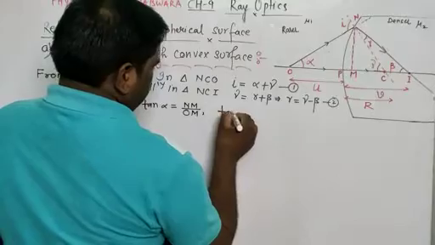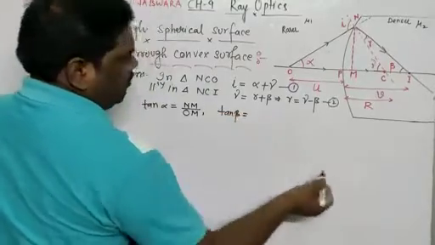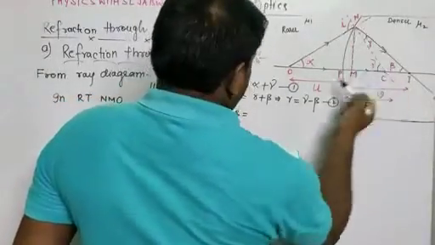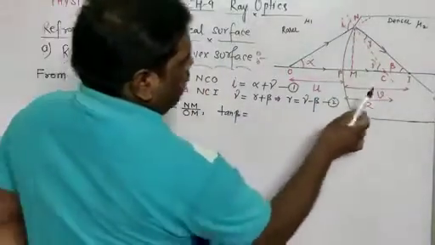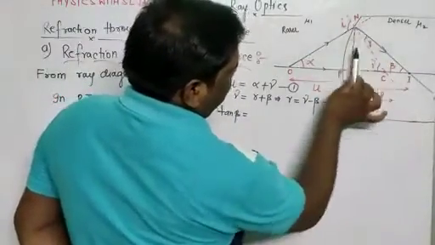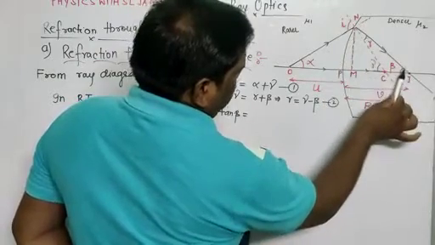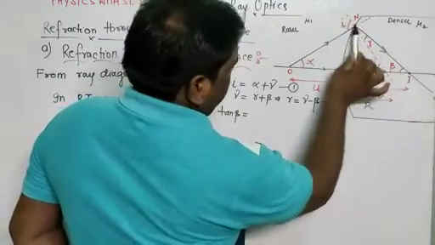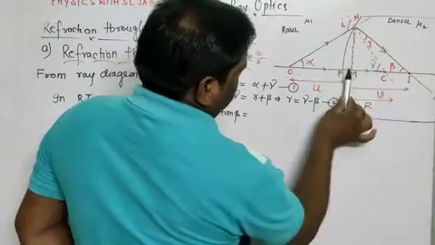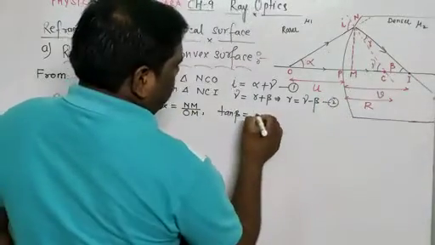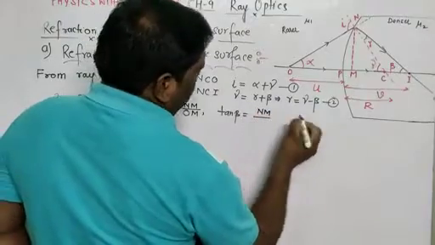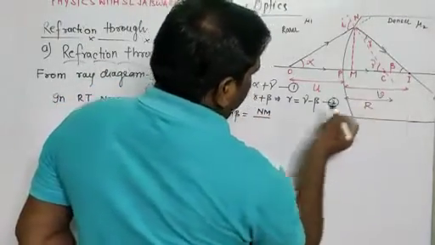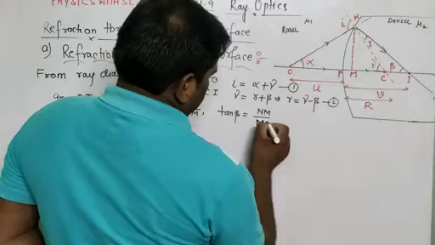Similarly, tangent of beta can be written as, for this right triangle, please look at the board, you have to consider triangle NMI. It will be equal to, again perpendicular upon base, that is NM upon base MI.